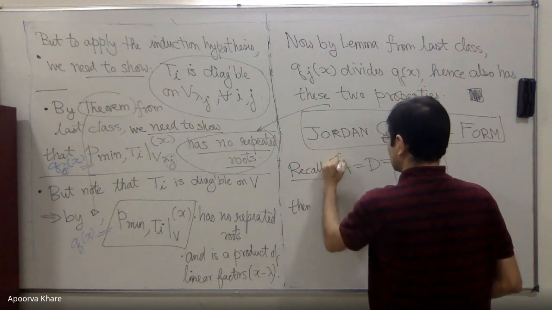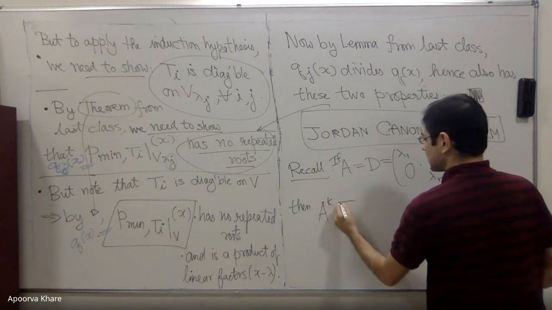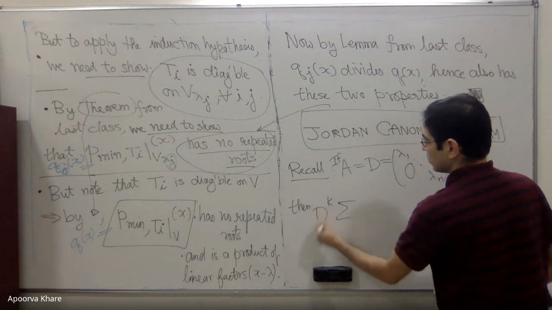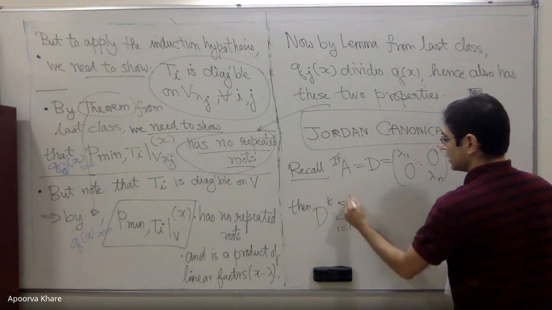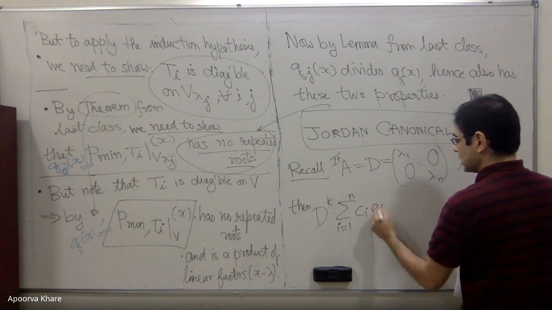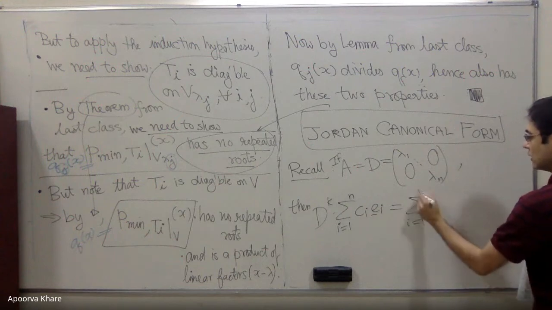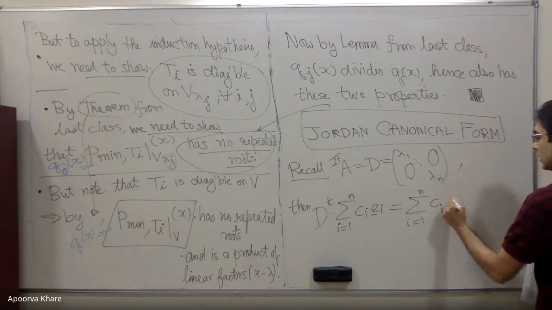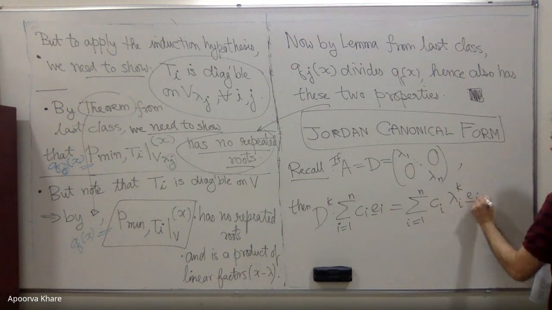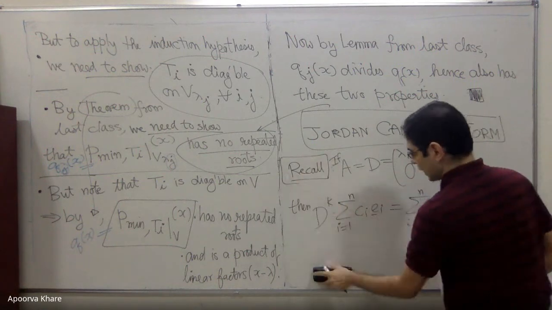If B equals this thing, then B to the k acting on the summation over i from 1 to n of Ci Ei is literally, you know what it is: the summation over i from 1 to n of Ci lambda i to the k Ei. And that's obvious. We have discussed this plenty of times.